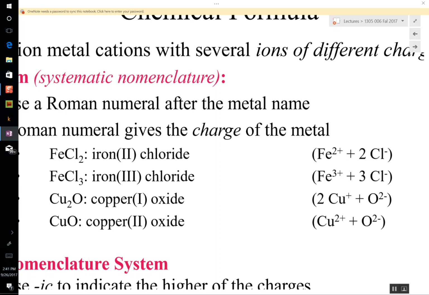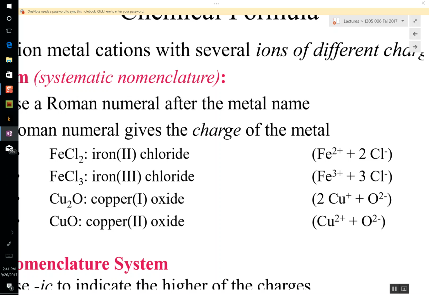And so what we do to take that ambiguity out is we put Roman numerals right here. And just keep in mind that that Roman numeral is not telling you how many irons are in the formula. It's telling you the charge that's on the iron. Okay? So don't get that mixed up.